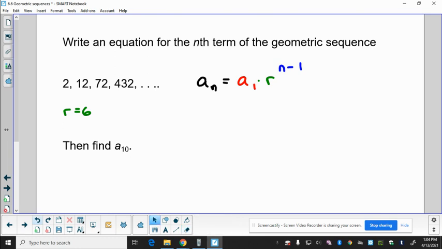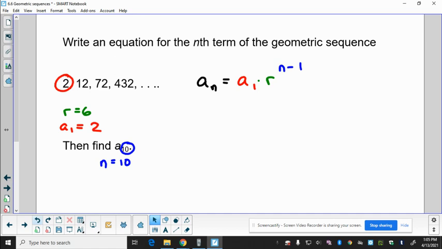Do we know what a sub 1 is? a sub 1 is going to be your first term. It's 2. And then the last thing we need to know is what is n? n is 10. Okay, now it's time to go ahead and substitute everything into that formula in the correct location.